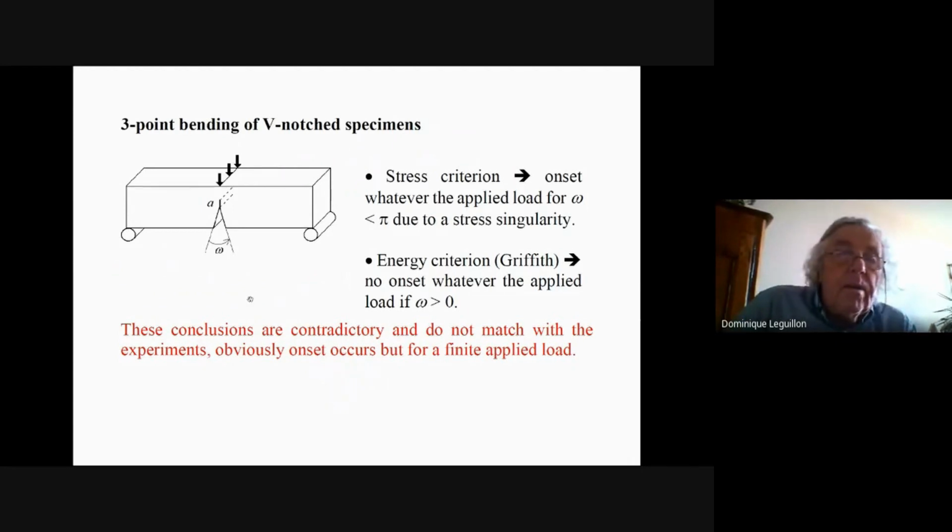There is a classical test, a bending test, 3-point or 4-point bending on V-notched specimens. If you try with a sharp V-notch to analyze this problem, either you use the stress criterion, I mean the tensile stress is larger than the tensile strength, and then this triggers fracture.